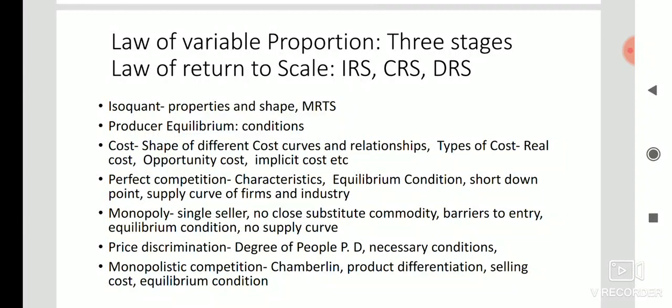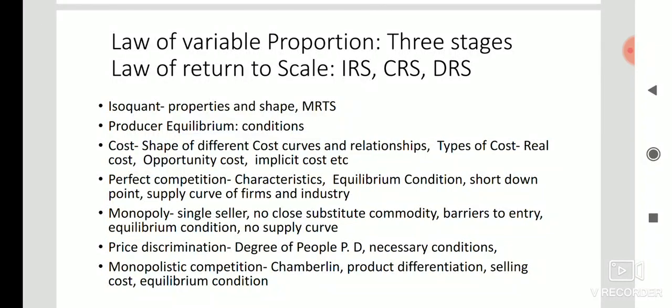Then in the long run, all firms will get only normal profit, so there will be no further entry and exit of firms. In the long run, the supply curve of the industry depends on the cost condition.